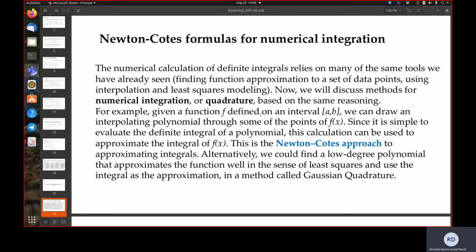For this purpose, we first have to define the very basic foundation of integration. With that in mind, we are going to start with the Newton-Cotes approaches.